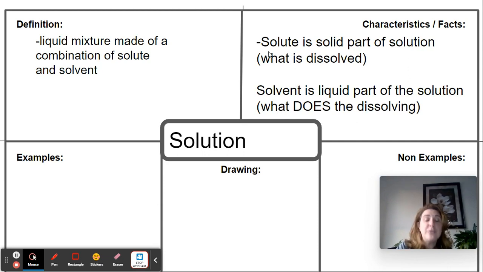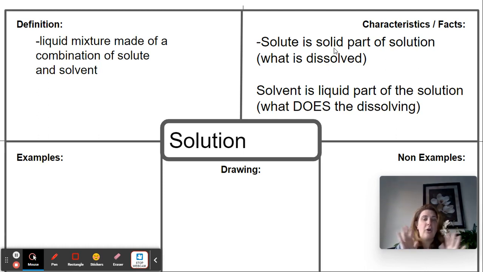A solute is the solid part of the solution. The solute is whatever gets dissolved. So salt, sugar. These are going to be our two most common solutes. The solvent is the liquid part of the solution. It does the dissolving.